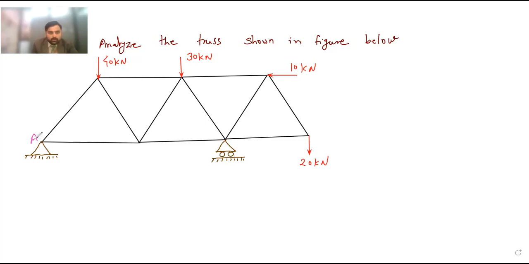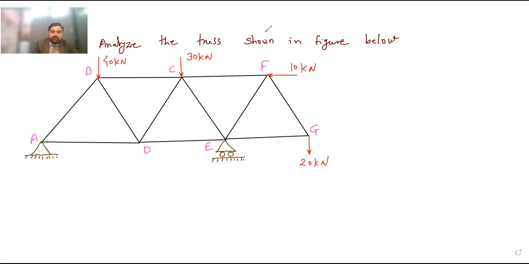This is joint A, B, then C, D, E, F, and G. These are the joints where we have given the names.